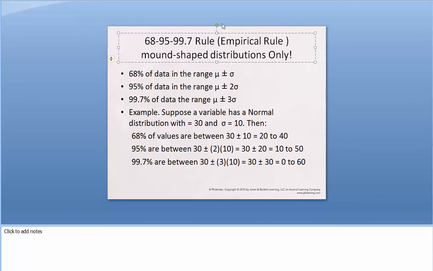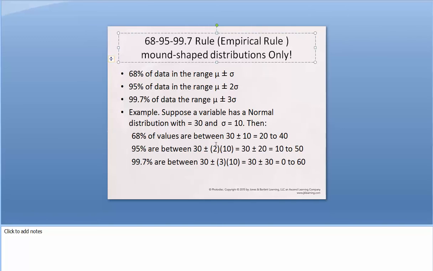If you have a mound shaped distribution, which is like a bell shape, typically a normal distribution, you can say that 68% of the data will be within one sigma of mu on both sides. Then 95% will be within two standard deviations. And 99.7%, that means almost all, will be within three standard deviations.